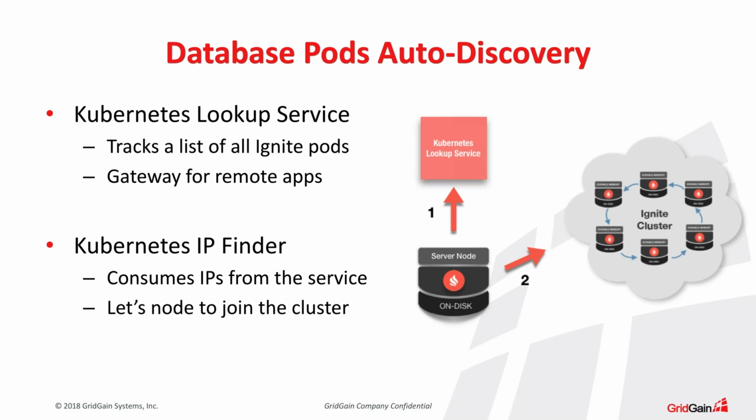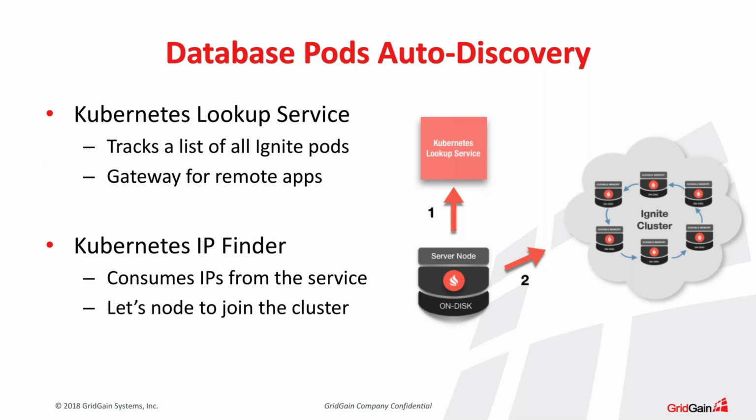So it's really pretty straightforward. And the IP finder is pretty simple. So this is actually how the pods auto discovery works for Ignite within Kubernetes. But this logic, to be honest, applies to the rest of distributed databases.